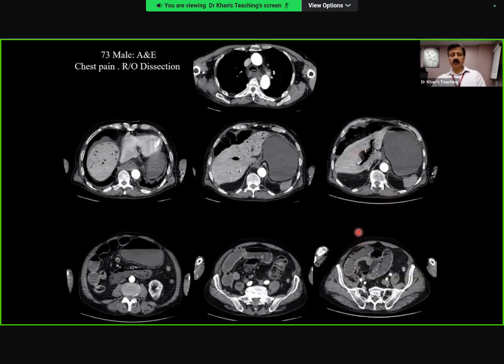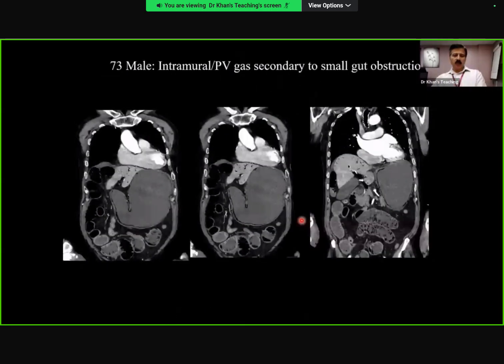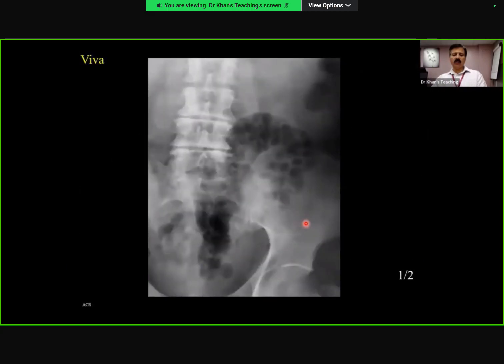Ultimately, they did surgery. Irony is that the patient developed some complications, and I think 3 weeks down the road, he died. So in any case, this is another mechanism of gas going into the wall of the viscera. Okay, this is the Aunt Minnie case which I was talking about. Over to you.